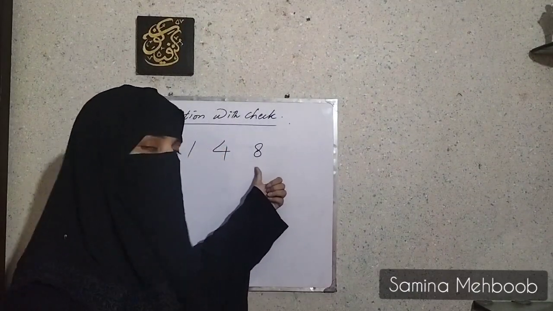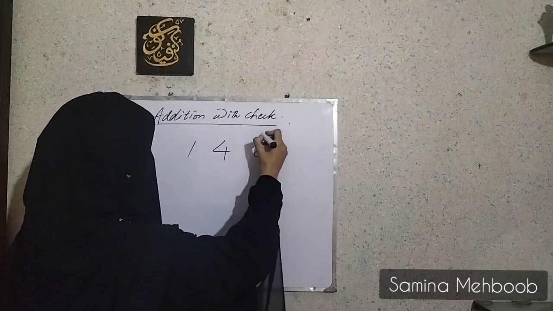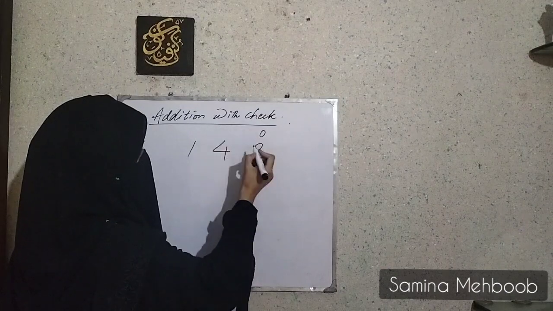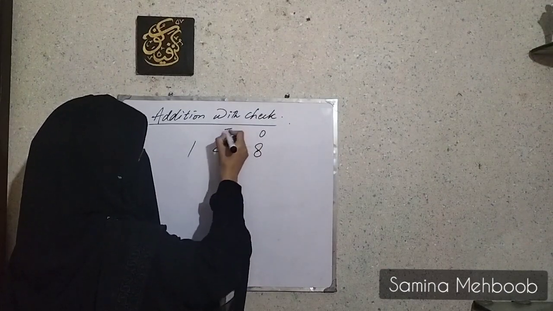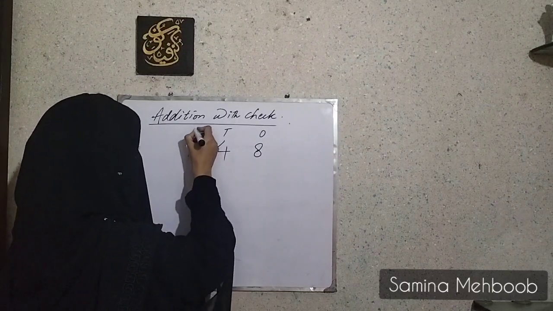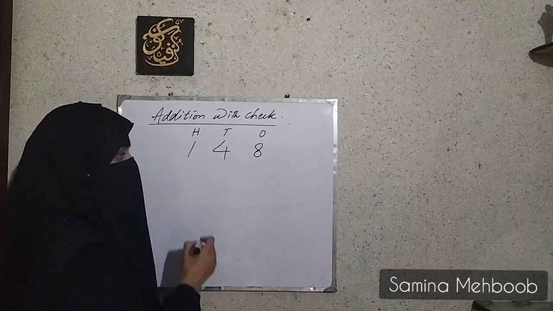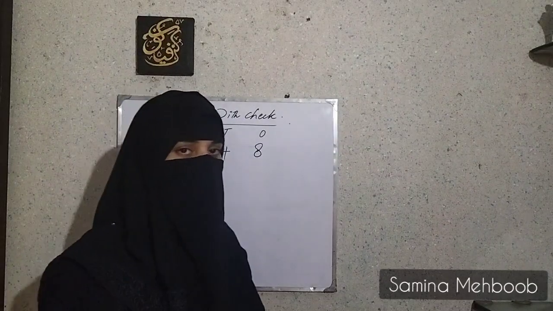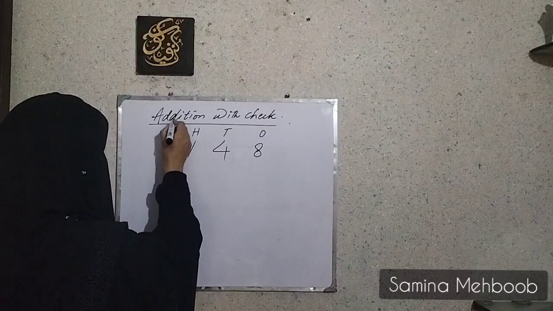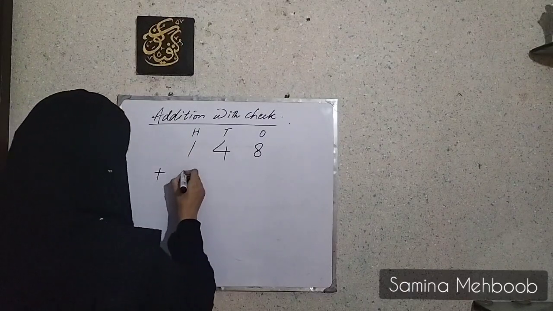The rightmost digit's place value is 1s, and after the 1's place comes the 10's place, and after the 10's place is hundreds. Okay, and what we are going to do, we are going to write another number under this number, and we will add the question.